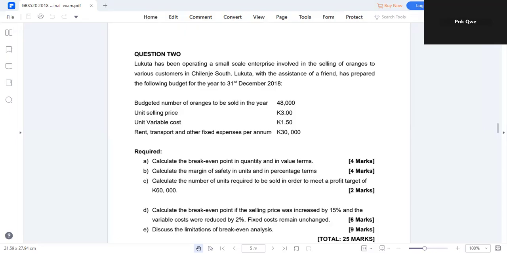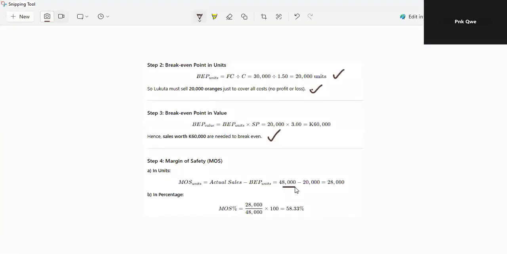What is the break-even unit? 20,000. So we get 28,000. That is our margin of safety.